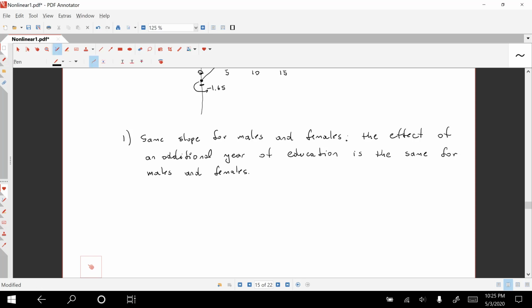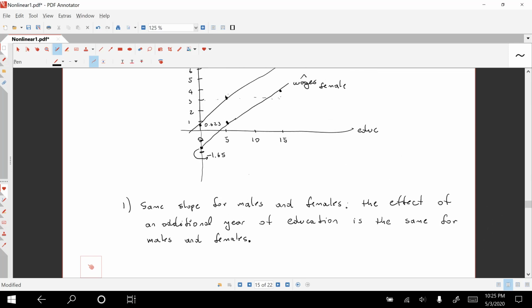Okay, so that's important because remember, from an applied perspective, what we're finding is that the effect of the additional year of education is going to be the same both for males and females.